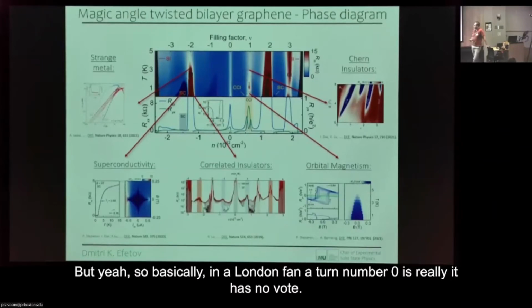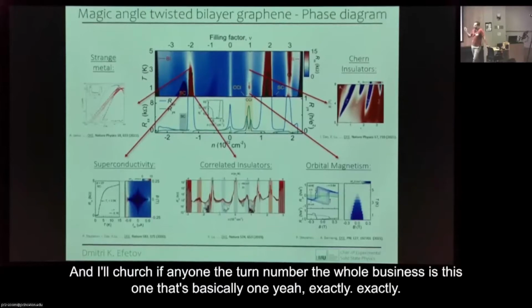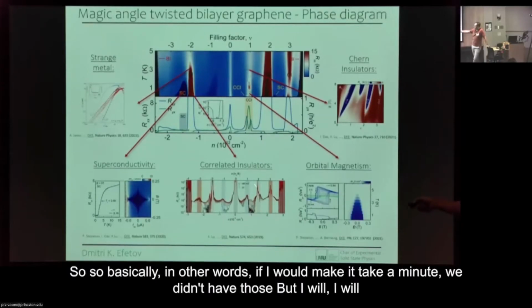But basically, in a Landau fan, a Chern number of 0 has no slope, and depending on the Chern number, the slope is quantized. In other words, if I took the magnetic field dependence of these features here, they would have no slope in the magnetic field.